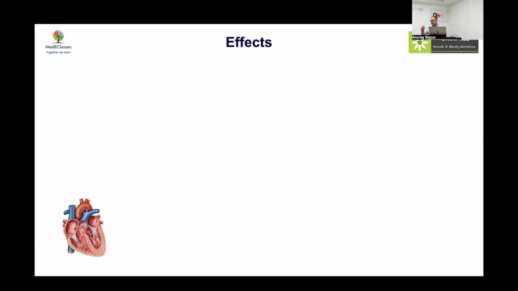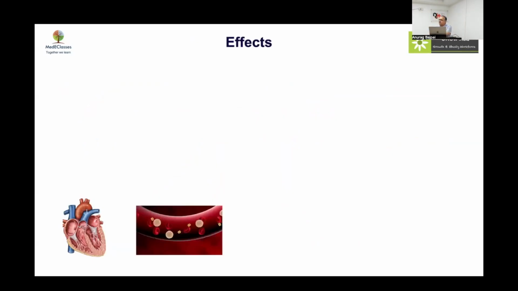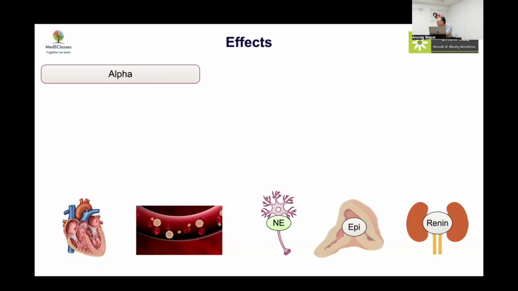Now, the effects, as we discussed. We all know about sympathetic effects. The effects are on the heart, on the blood vessels, on the neuron, then the adrenal, and the renin activity is also there. There are specific receptors for these biogenic amines, including the alpha receptors. Alpha and beta may have antagonistic activity, and that becomes important.